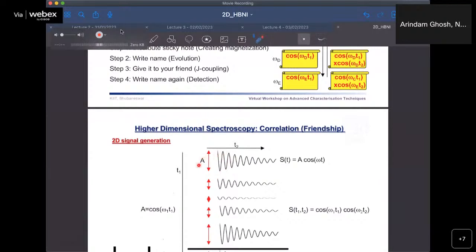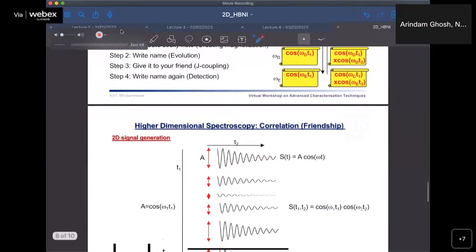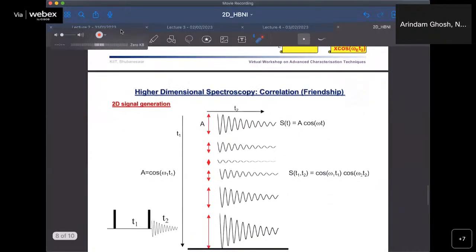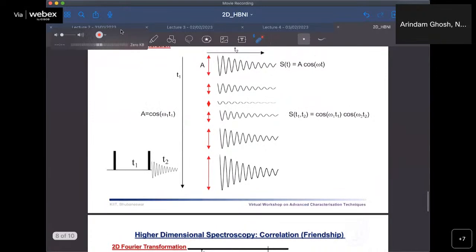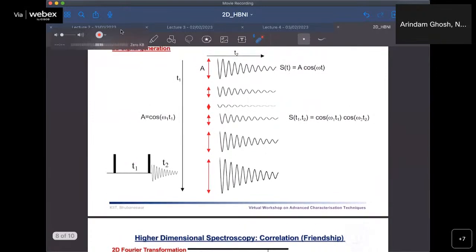So it has a particular A as the amplitude, correct? So they start from this A and then slowly it decays because of relaxation. Relaxation we'll learn tomorrow. Now what happens is that this T1 is set to a fixed number. Basically it starts from 0, then it gives certain values, and then it is increased to a slightly larger value, and this whole thing is getting repeated.